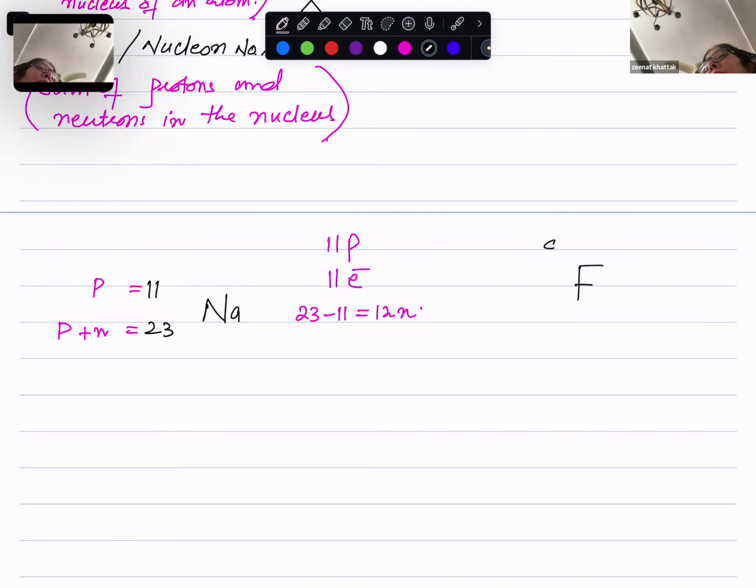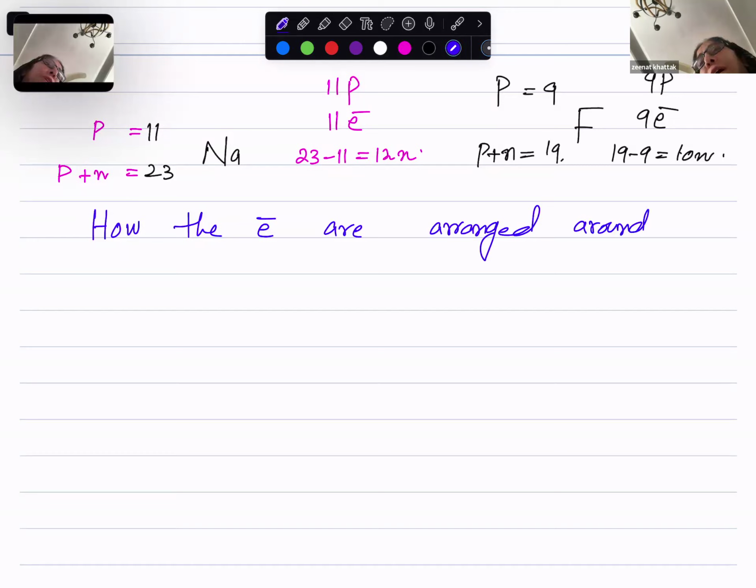Now, we have to discuss how the electrons are arranged around the nucleus.